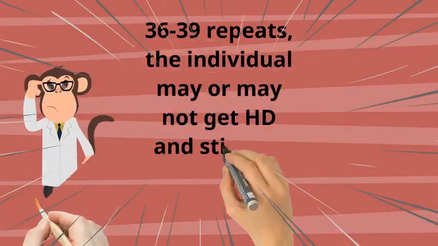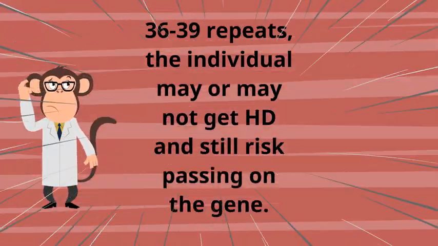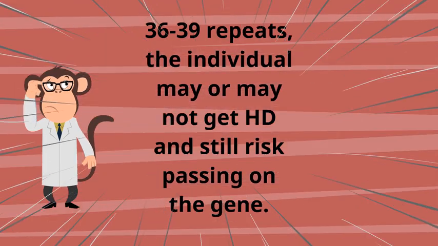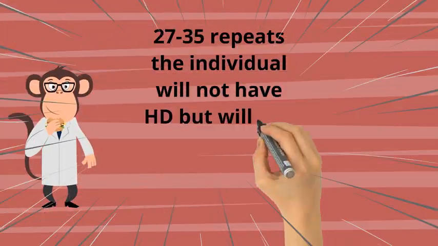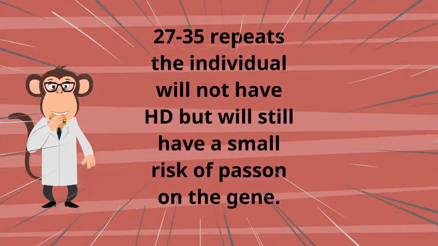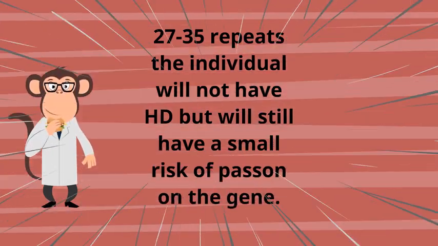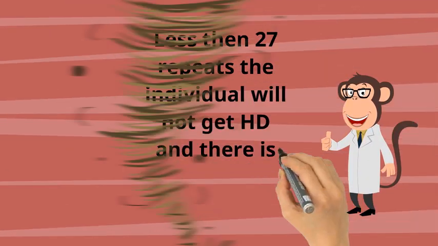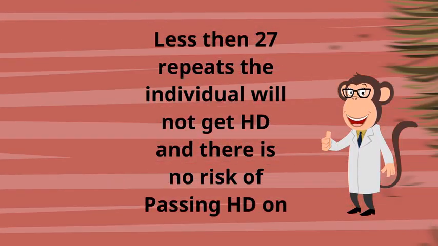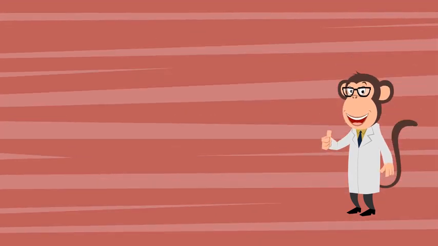With 36 to 39 repeats, the individual may or may not get Huntington's and still risks passing on the gene. With 27 to 35, the individual will not have Huntington's but still has a small risk of passing the gene on. And with less than 27 repeats, the individual will not get Huntington's and there is no risk of passing the gene on.